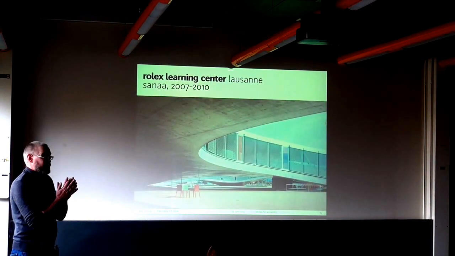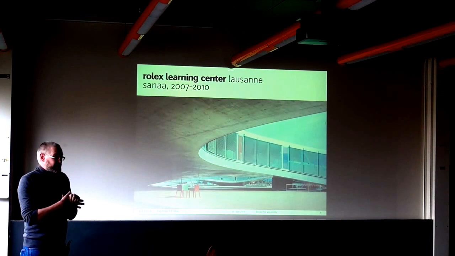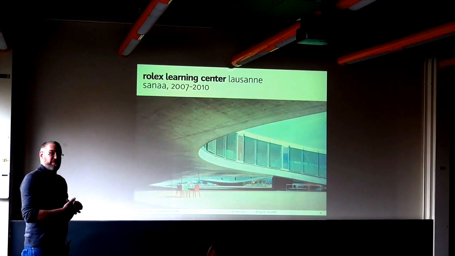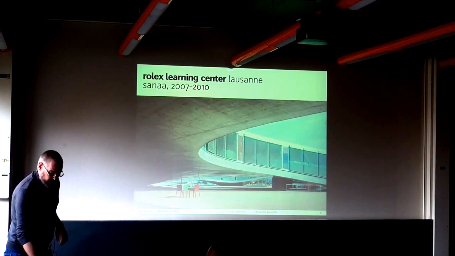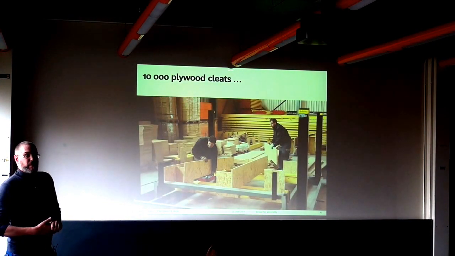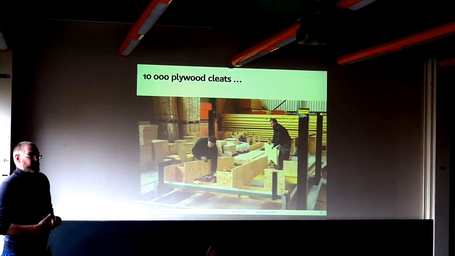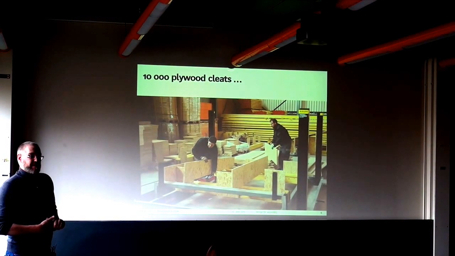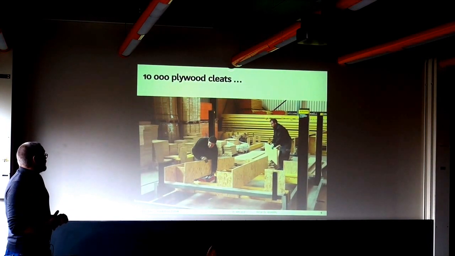We also worked on this project here, which you probably know, at the very end of the food chain, I have to admit, because what we did is we planned the formwork for this huge undulating concrete slab where the Rolex Learning Center is standing on top of.